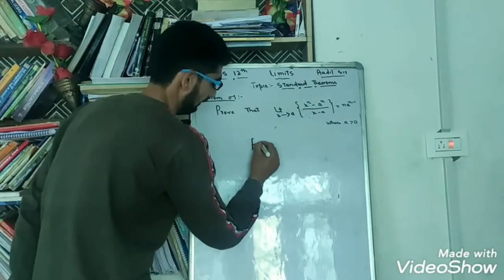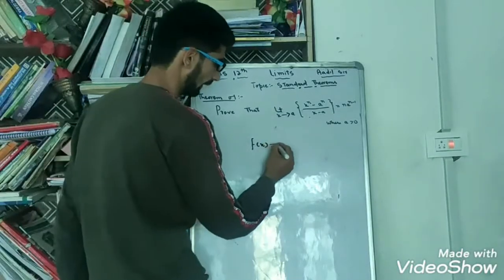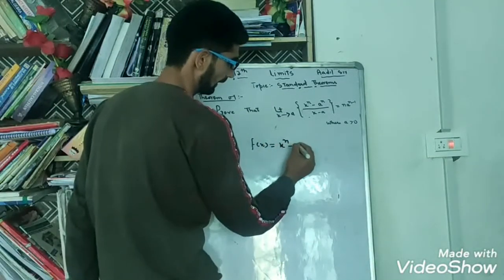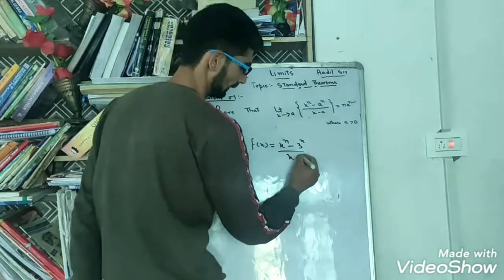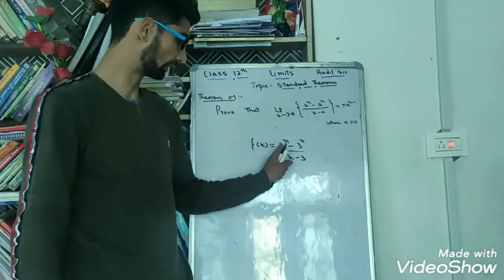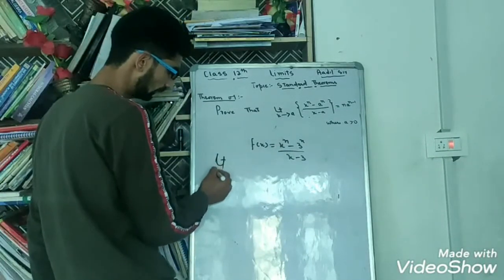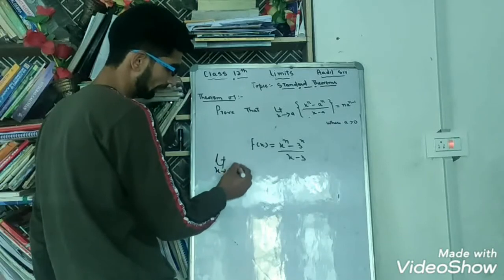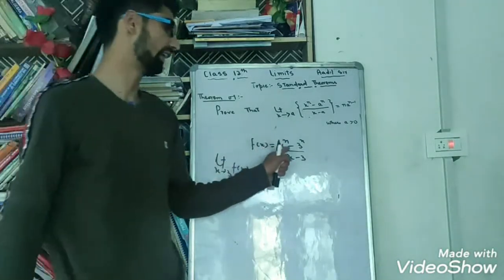Now, if I have a function f of x equals (x^n minus 3^n) divided by (x minus 3), and I have to find the limit as x tends to 3 of f of x, how can we find it?